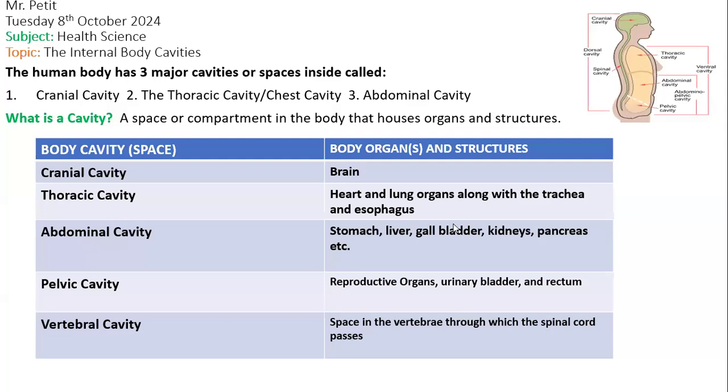Where's Kylie Welchcomb? Where's Kylie? Yes, sir. Were you here yesterday? No, sir. My Wi-Fi wasn't working. Were you here earlier today? No, sir. I was here for the math, for the middle or the ending.